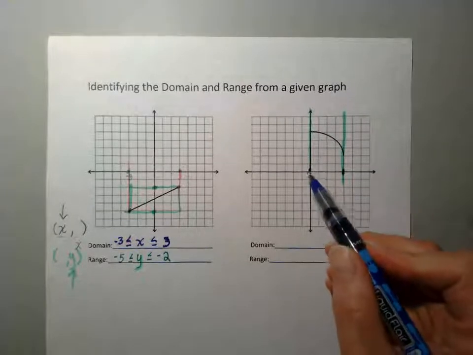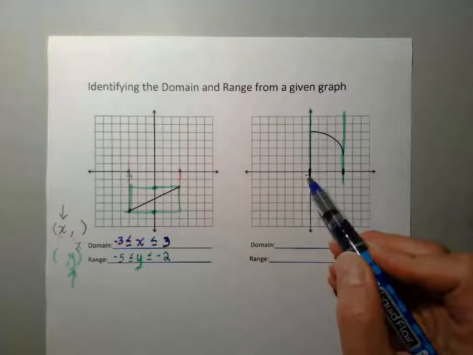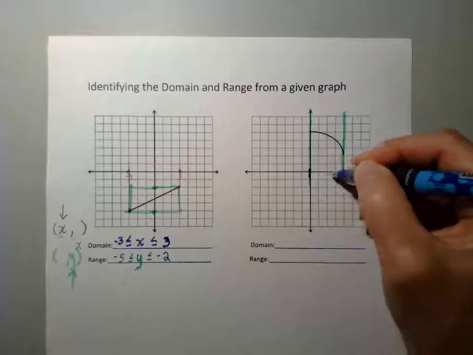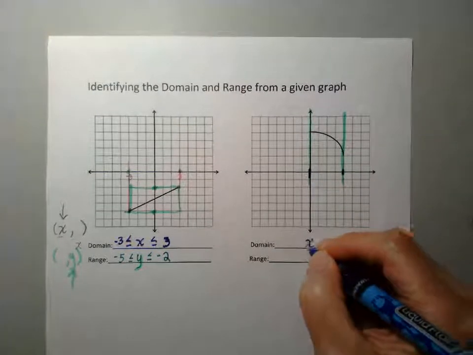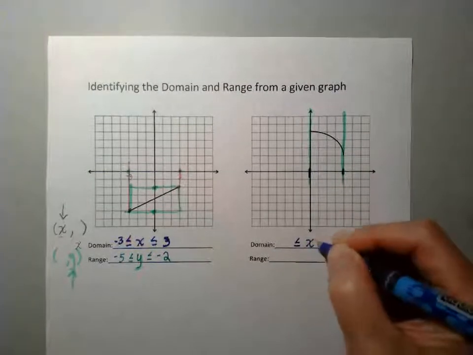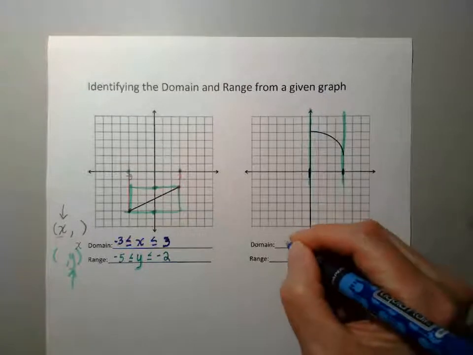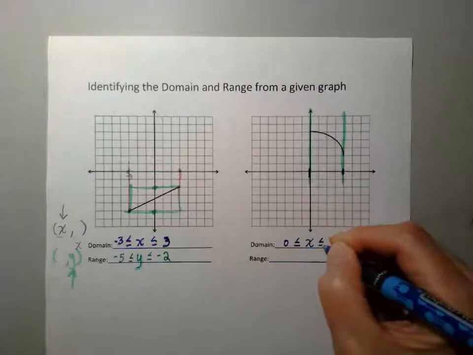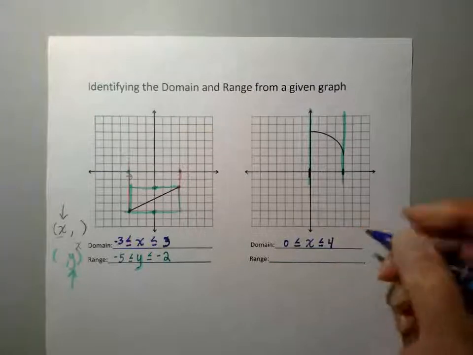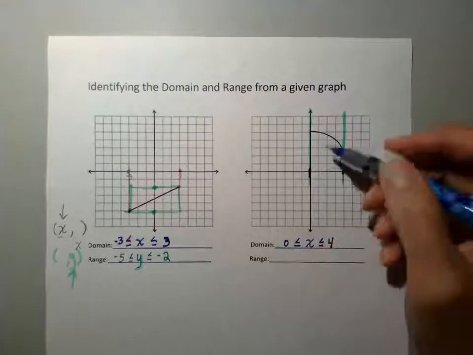So I want all the X's that are in between 0 and 1, 2, 3, 4. So X is greater than or equal to 0, but then less than or equal to 4. That's my domain, all of my points.